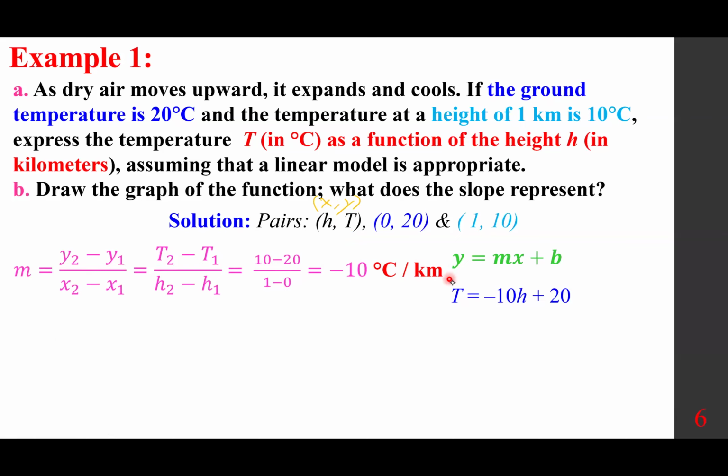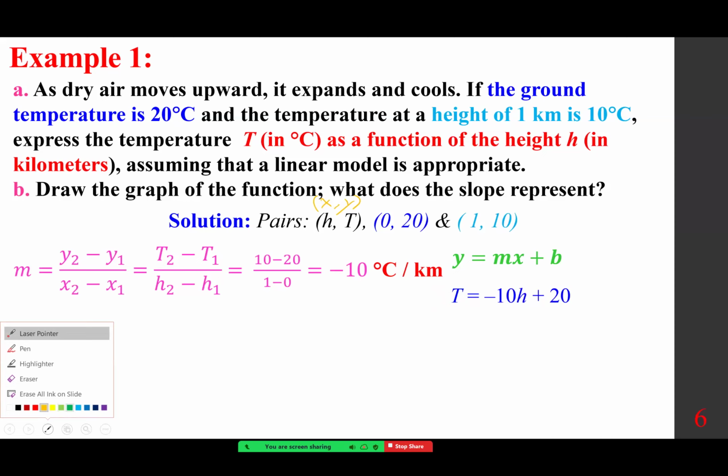Now, we have the y-intercept, and we're going to call it now the t-intercept at (0, 20). And I hope you see that if you set this one equal to 0, h becomes 2.